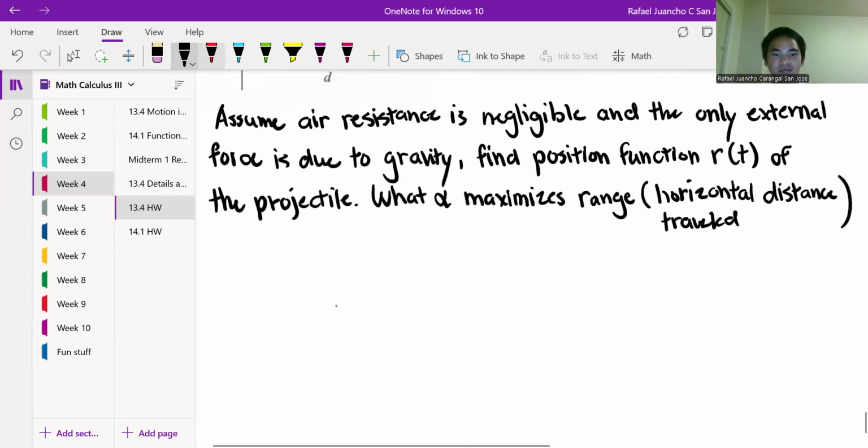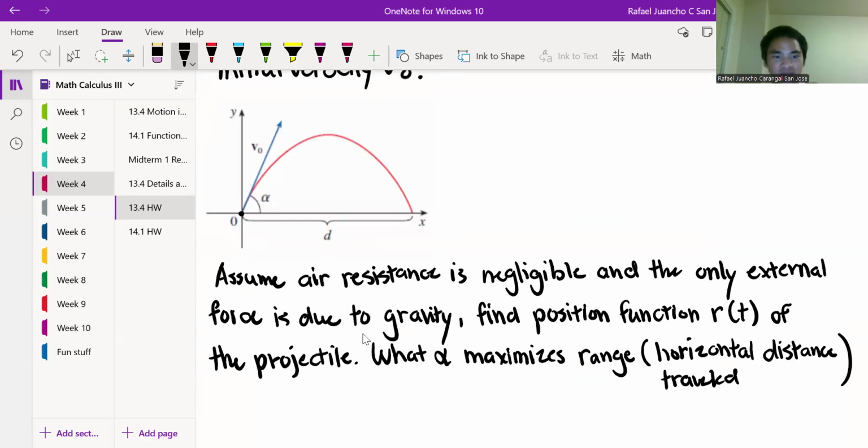So when we talk about maximizing, we talk about optimization. So probably something to do with derivatives again. Okay. So let's set up a solution here. So we set up the axes, both the x and y axis, so that the projectile starts at the origin, right? So we start here at the origin.